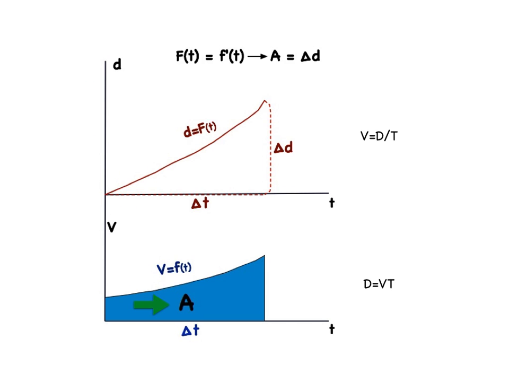Here, the number of rectangles has expanded more or less to infinity. We no longer have rectangles, just an area under a velocity curve. But the velocity still represents the derivative of the distance function.